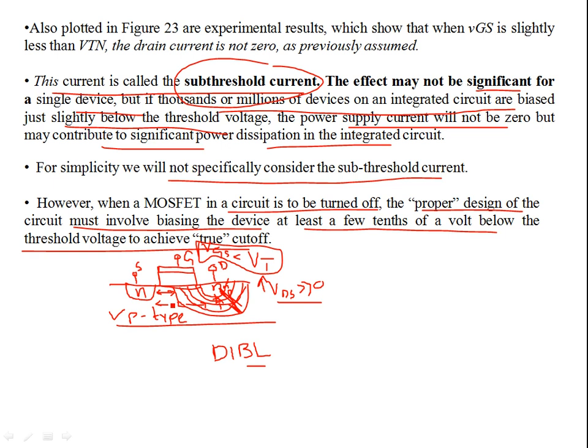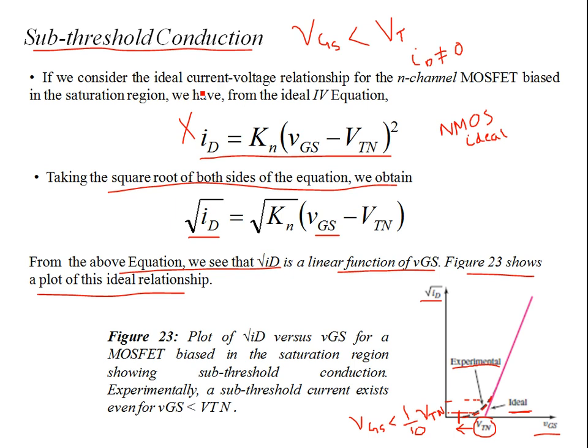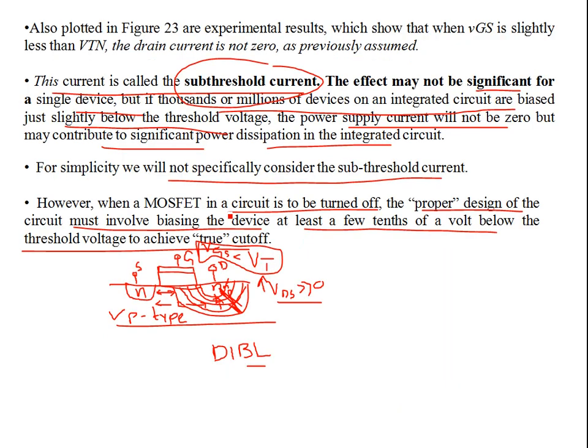which are otherwise separated by a P-type region. But then it becomes so close to the source in short channels. I must repeat, this is a short channel. It doesn't happen in the long channel. In a long channel, you can still go on and use this quadratic relationship, which is for the ideal NMOS. In long channels, the drain and source are separated way further, so we don't have this problem.